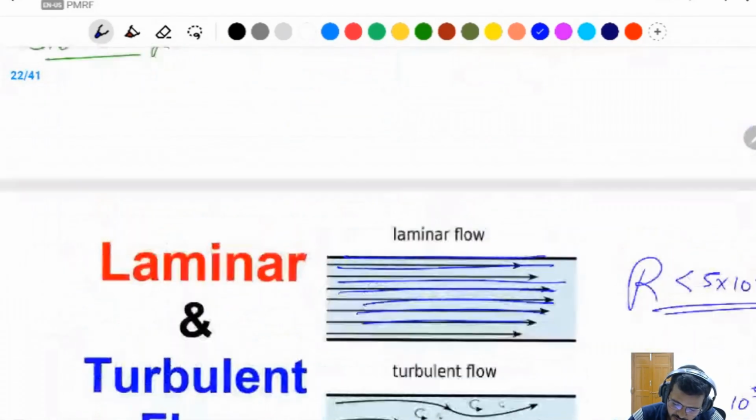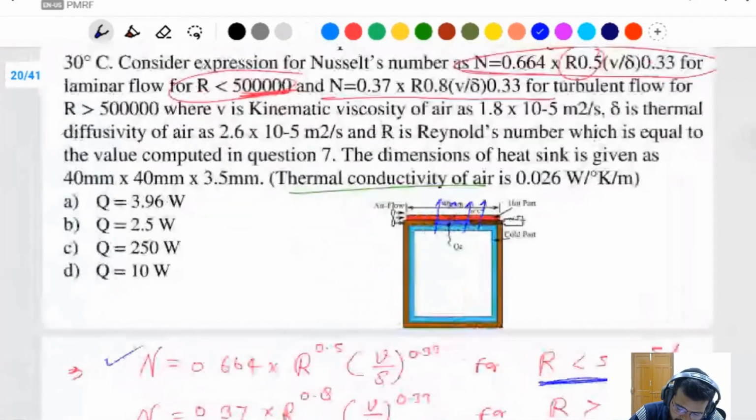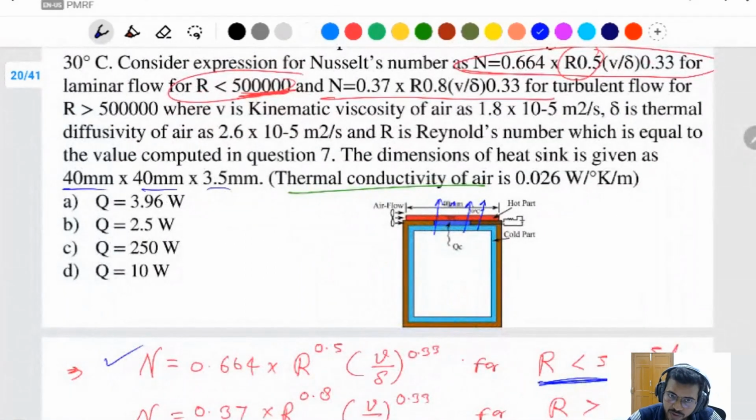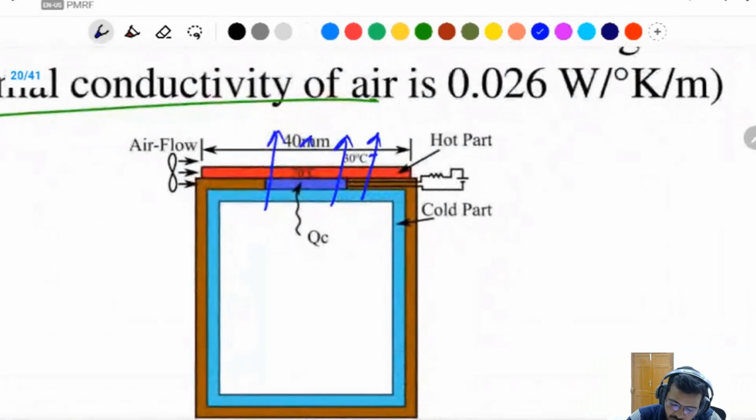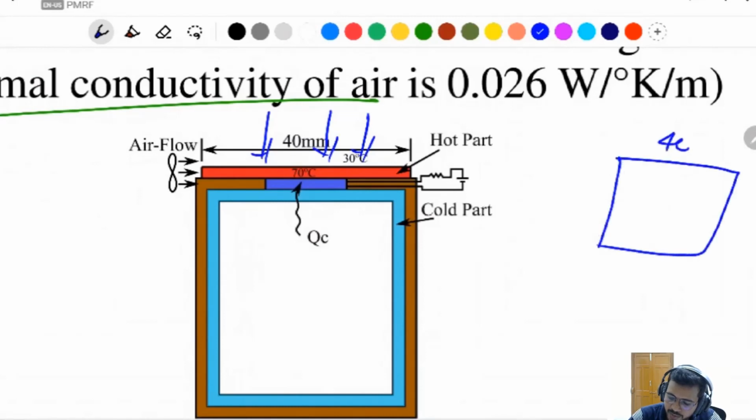The dimension is given as 40, 40 and 3.5. If you look at the top of this, you can see this type of structure. It is a square, 40 mm and 40 mm. The thickness will not show at the top.